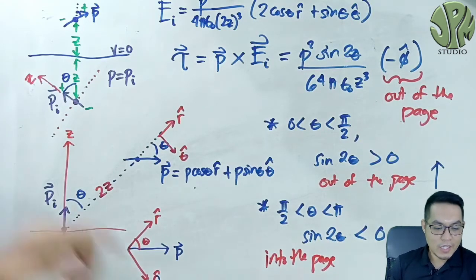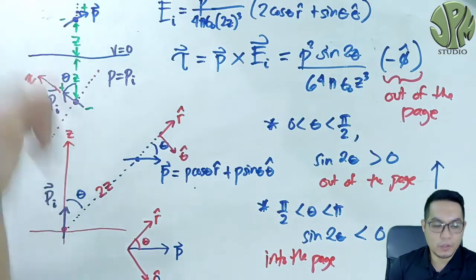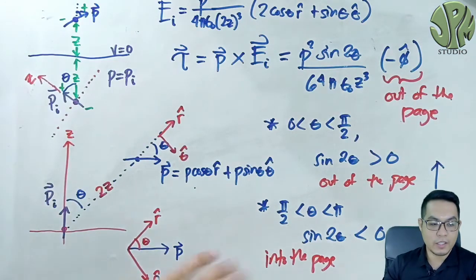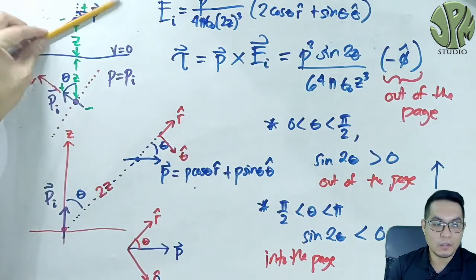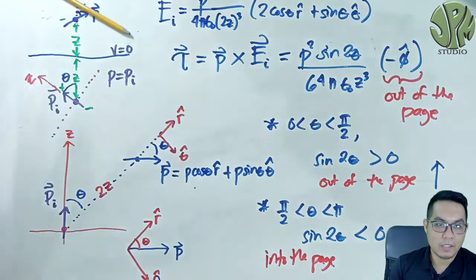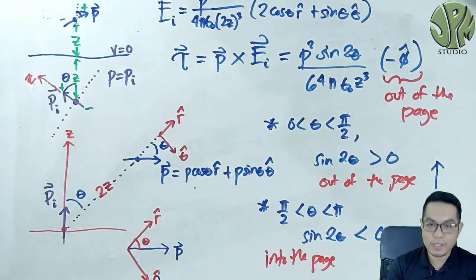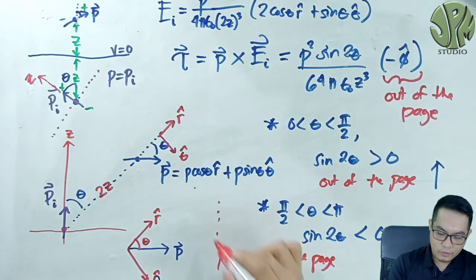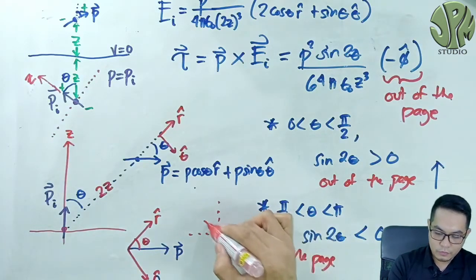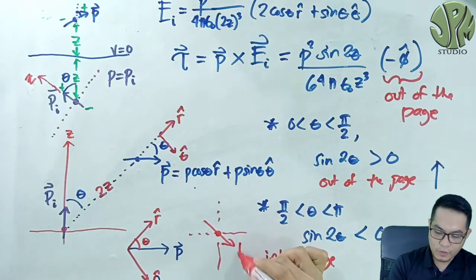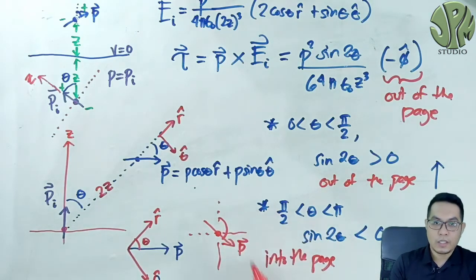So that scenario will happen when your dipole is oriented with an angle like that. So it's theta. Take note, this is the orientation of your p in this scenario. Its theta is actually greater than 90 degrees, from 90 degrees to 180 degrees.